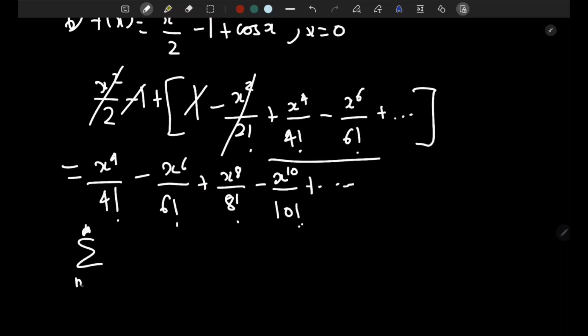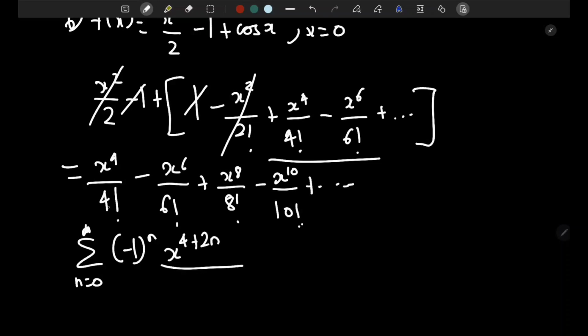So we have n is equal to 0, and the first thing that we notice is that the sign is alternating, plus minus plus minus. So right away we can write negative 1 to the power of n. Now we notice that the power of x starts from 4, which is very important. So here I'm going to write x to the power of 4, and each time it is increasing by 2, so we do plus 2n.